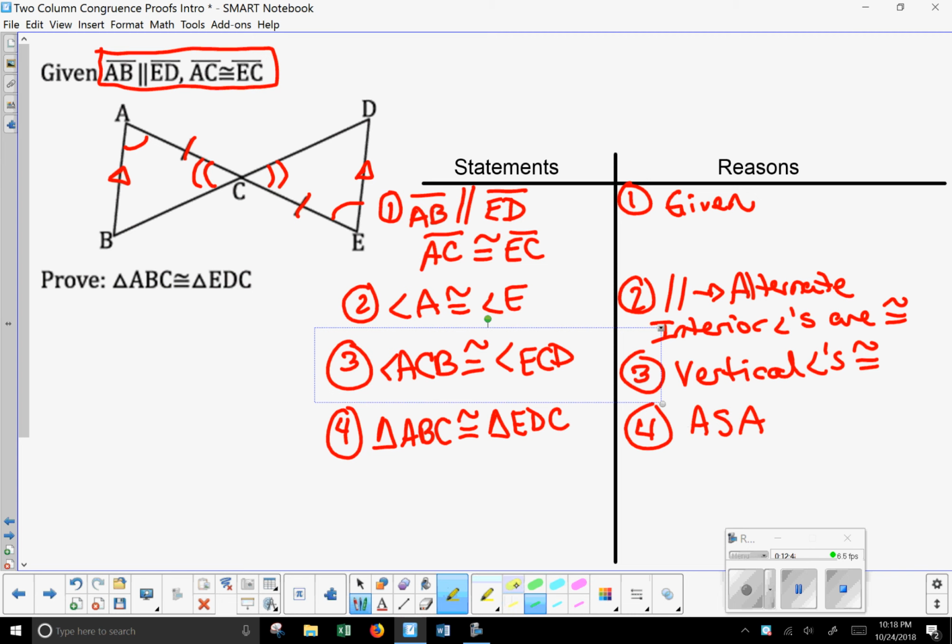Notice when I wrote that triangle congruency, I wrote it in the same order as what I was trying to prove, because I know my proof statement has to be the last statement in my proof. I know the given information is going to be the first statement in my proof. Okay, so again, that's another example of a two-column proof.